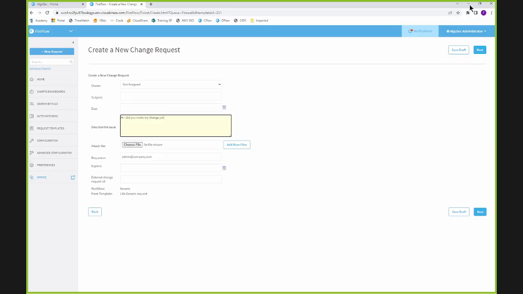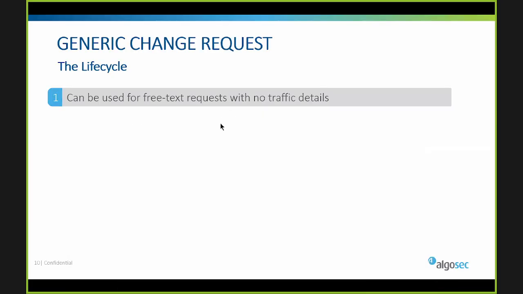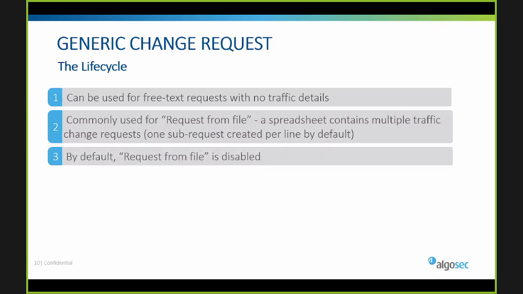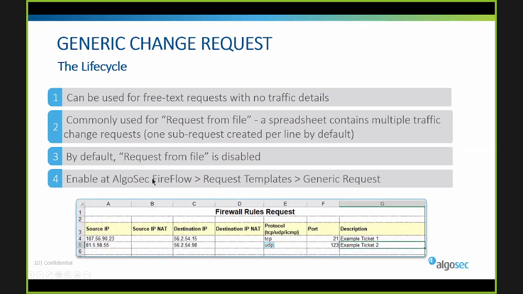The other thing that you can do with it, and I think we have time for the lab on that, you can actually turn on request from file. You modify the generic template, and it allows you to import a little CSV or a spreadsheet with a list of changes. By default, that's turned off, but you can very easily enable it.